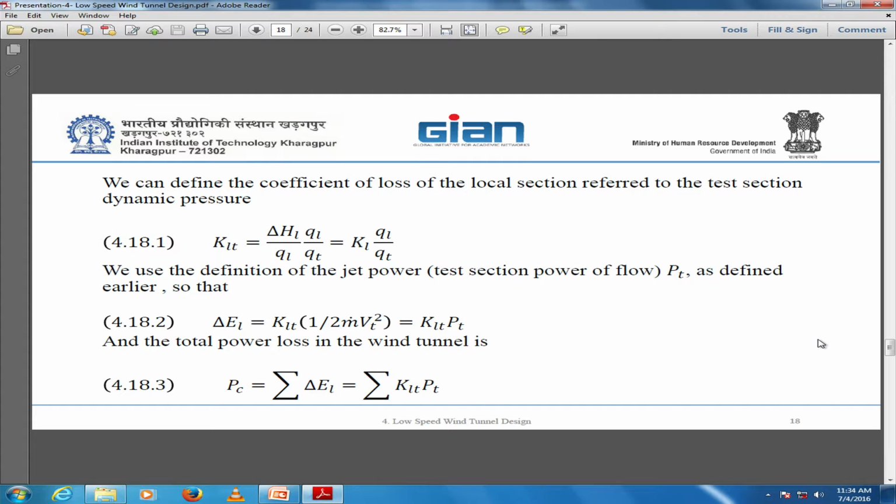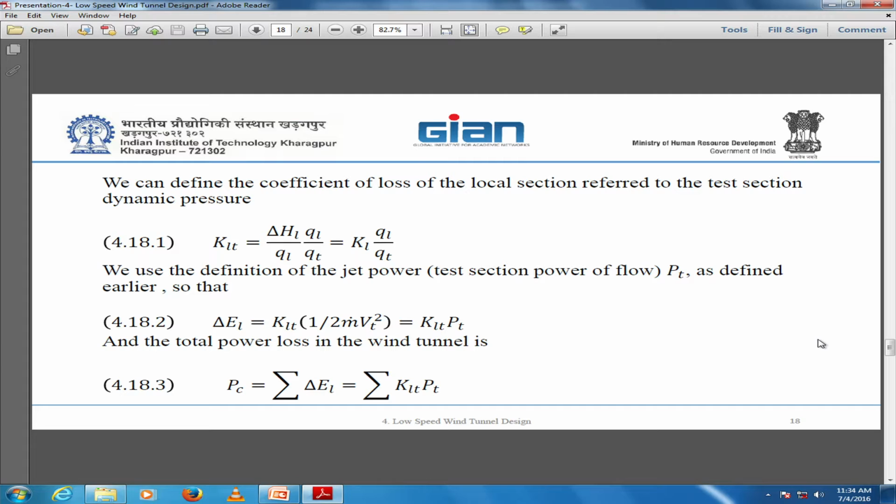Is that what you asked? Yes, so that is total pressure, as in static plus dynamic, in that component. This is dynamic pressure. In formula 417.1, the denominator is the dynamic pressure in the local section. Okay, and the numerator is P static plus half rho V squared.